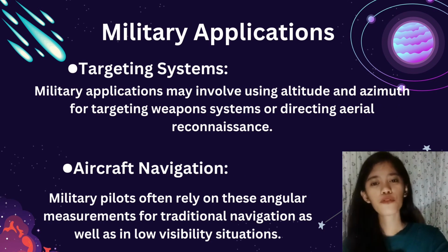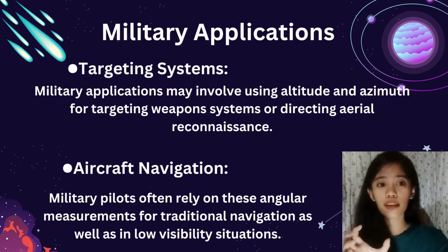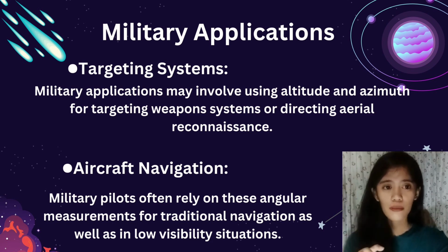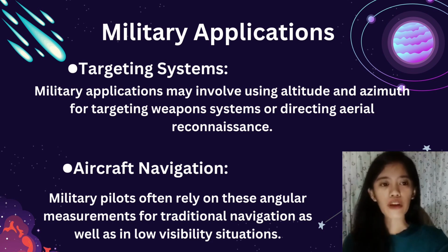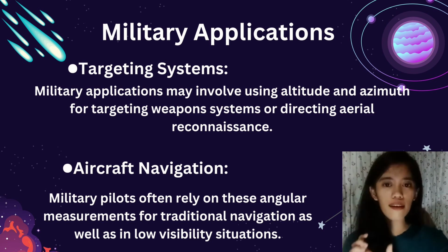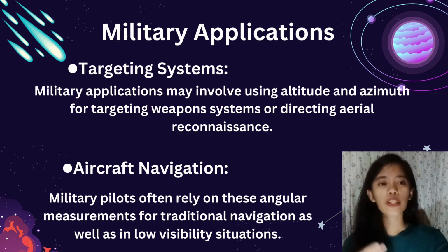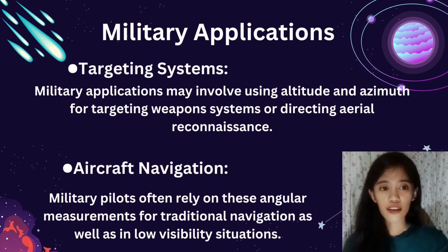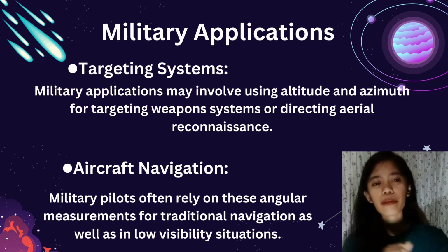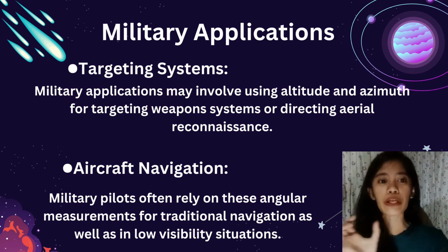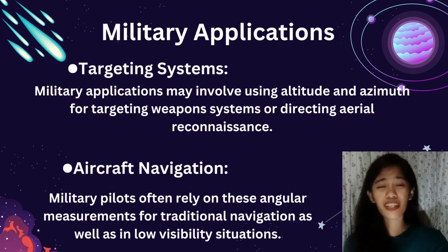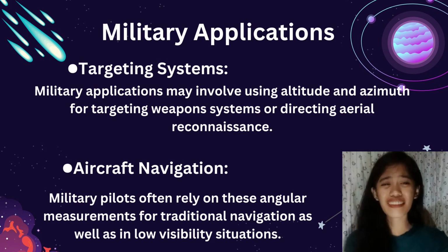So now, moving on, we are talking about the military applications, targeting systems. Military applications may involve using altitude and azimuth for targeting weapon systems or directing aerial reconnaissance. In military applications, particularly regarding targeting systems and aerial reconnaissance, their importance cannot be overstated.